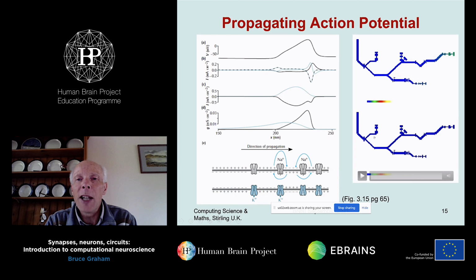So getting through branch points can actually be a little bit tricky. And what we've done in this second simulation is simply to reduce the maximum conductance of sodium channels throughout this axon. And as soon as we do that, we get the action potential flowing through most of the axon, but you can see it fails at one of these branch points. Nearly gets through, but doesn't quite make it.